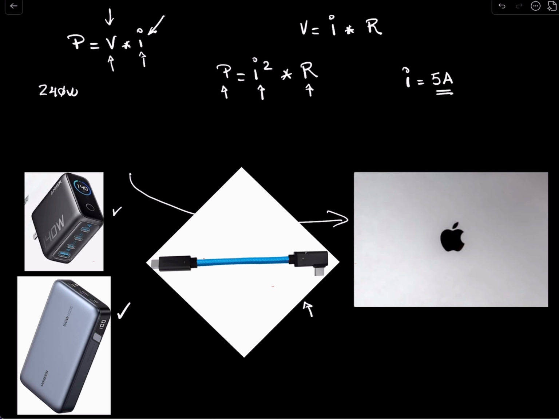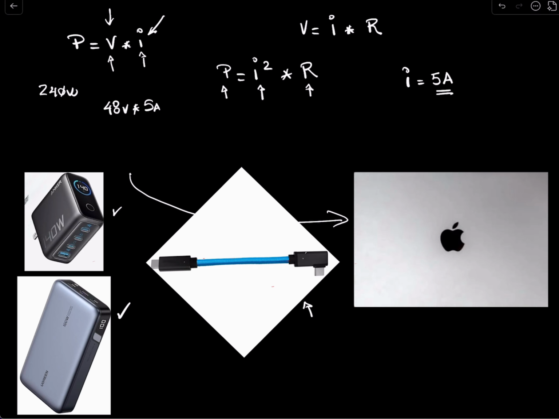We'll see that power delivery can bring this voltage as high as 48 volts. And if we multiply that times 5 amps, we get to the 240 watts that is currently, at the time of this video, the max that you can get through a USB charger.